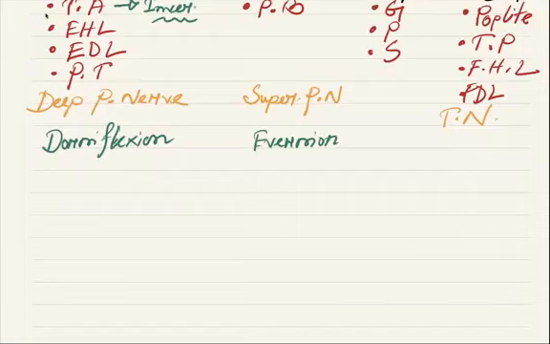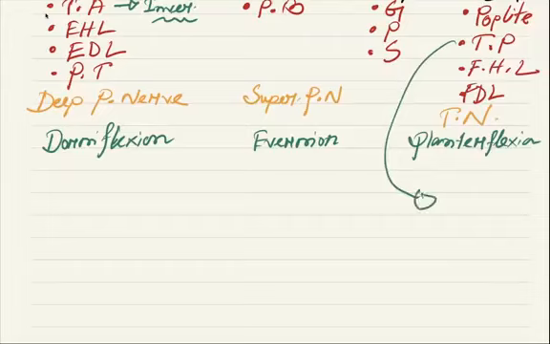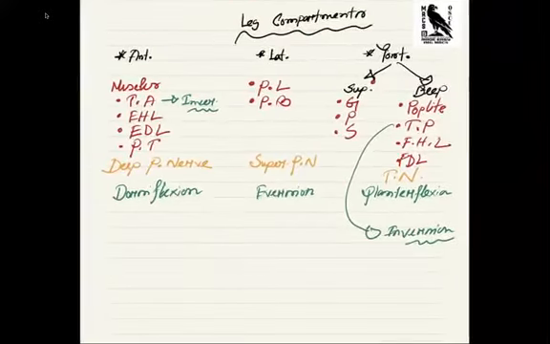The posterior compartment is responsible for plantar flexion, and we have a special muscle, the tibialis posterior, which is also responsible for inversion. Is it clear about the muscles, the movements, and the nerve supply of all of those?